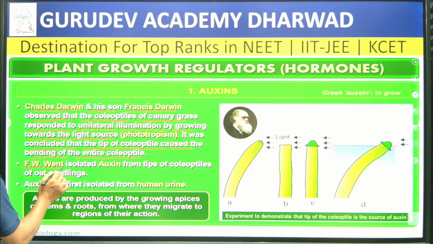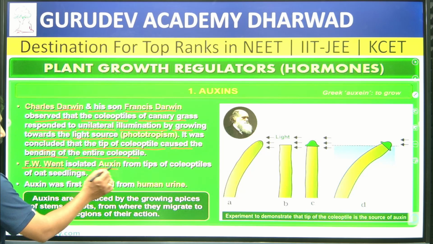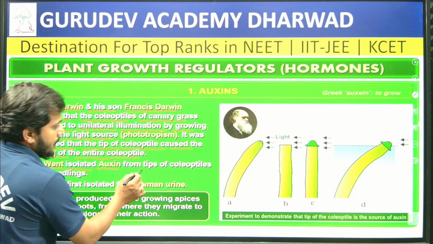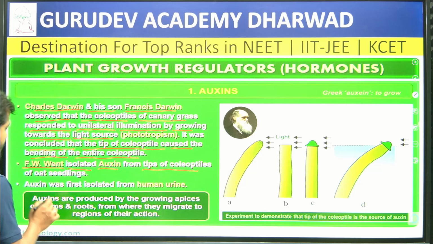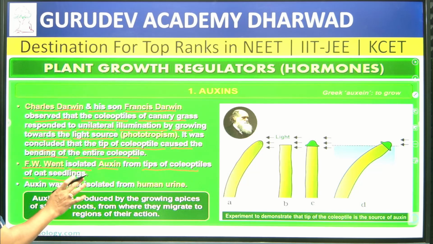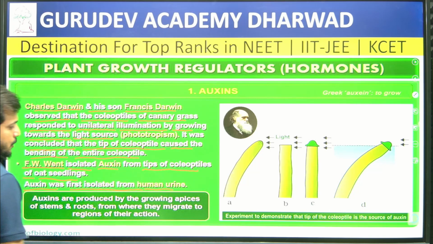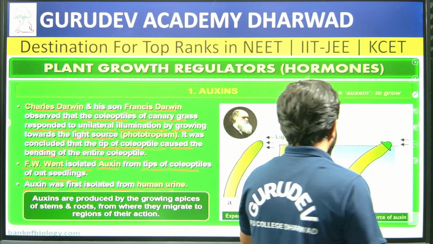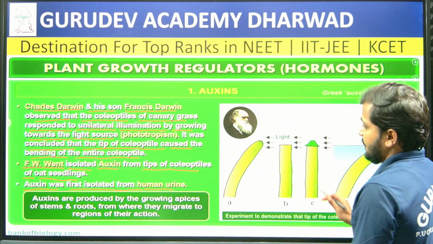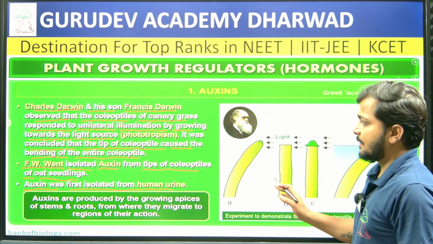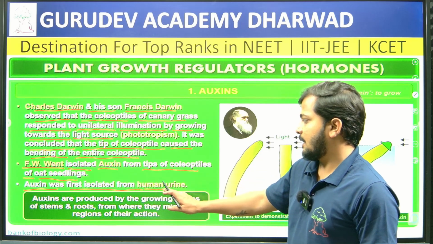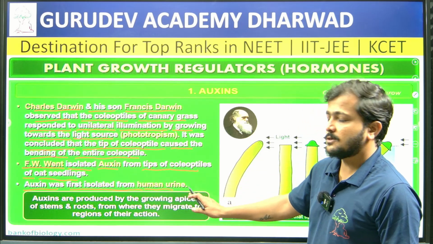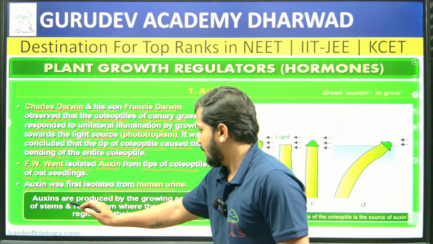Then F. W. Went isolated the auxin from the tip of the coleoptile of oat seedlings, right? Auxin was first isolated from human urine actually. Went isolated the auxin present in the tip of the coleoptile, but the first isolation of auxin was from human urine.